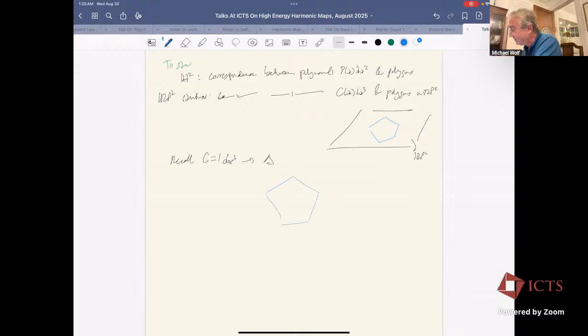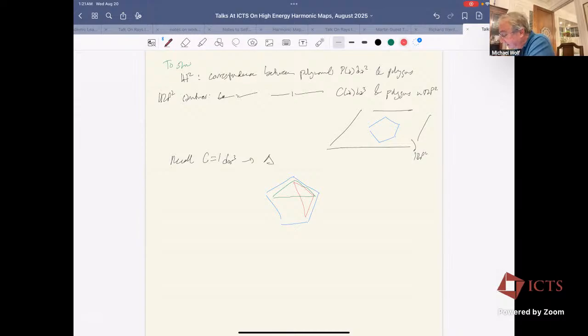Let me redraw the polygon. So if I have some polygon like this, then a boundary, let's use different colors, is going to be like a triangle. That'll be like what we're expecting as we go near the boundary to see a geodesic, but the analog of geodesics are triangles. So we see a triangle there. And we might think that the adjoining triangle is the next one like this, but we have to remember that we're in RP2.